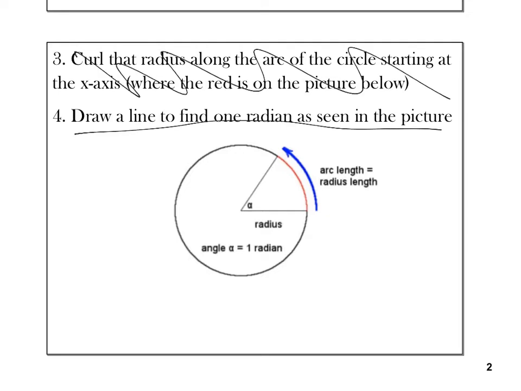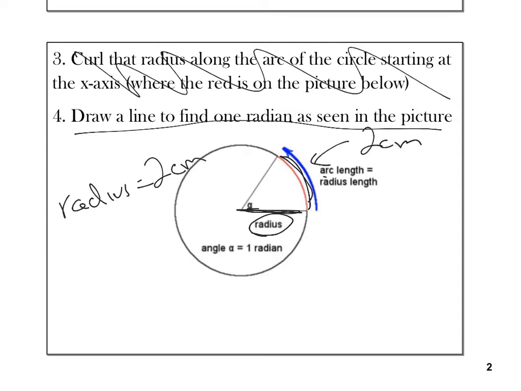So what you're going to realize is that a radius, whatever that length is, is going to be equal to an arc length. So if your radius was 2 centimeters, then this would be 2 centimeters. If your radius was 3 centimeters, then this would be 3 centimeters.